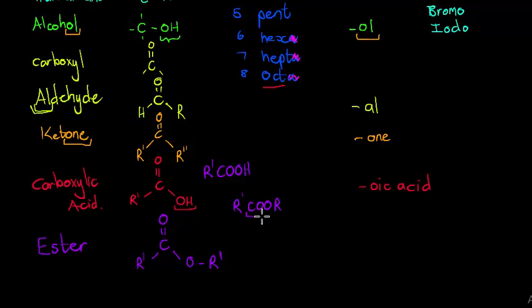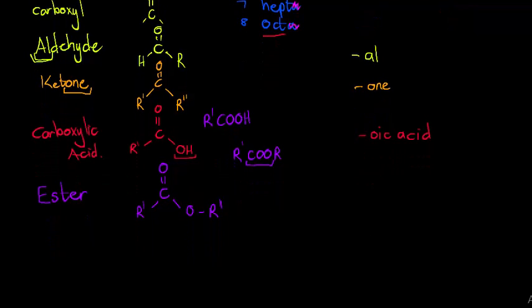So we have this group in the middle, and the way this one is named is slightly more complex because this is not just a single chain. We will have an alkyl name, and then we will have an alkanoate name.